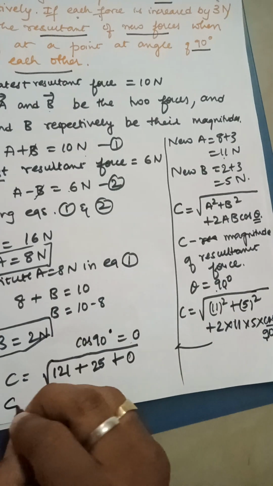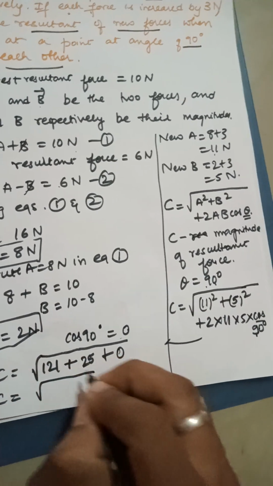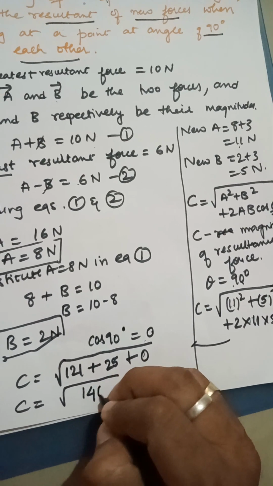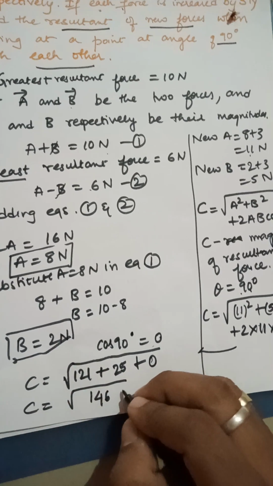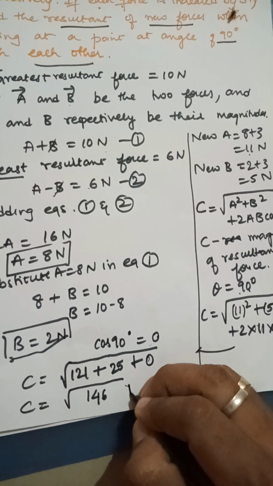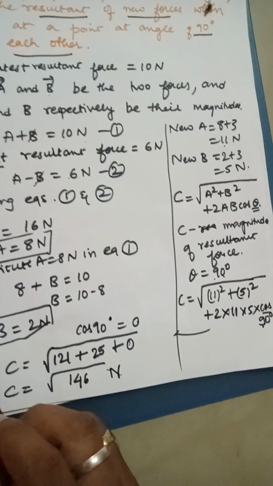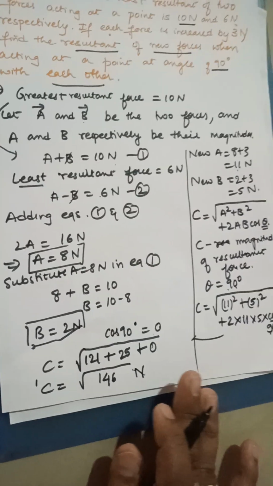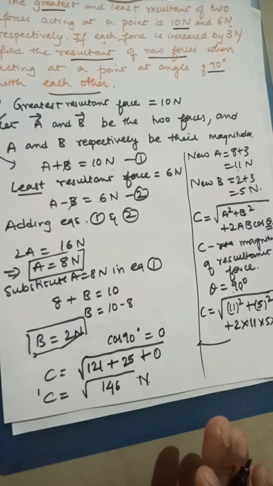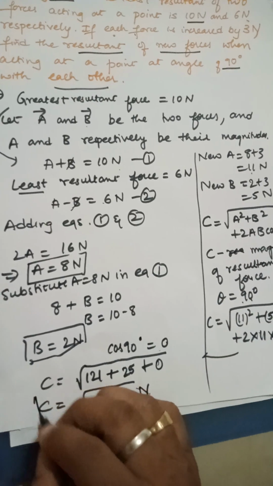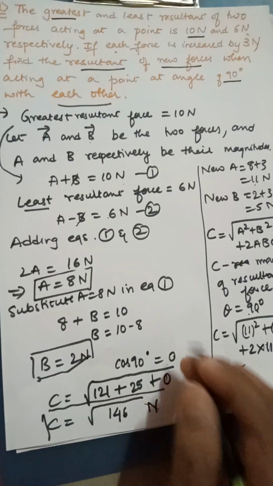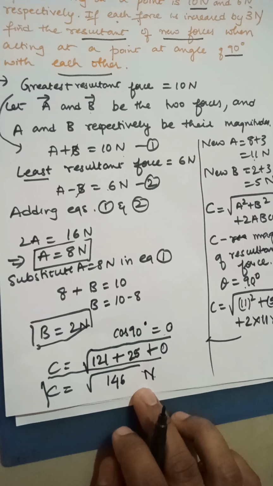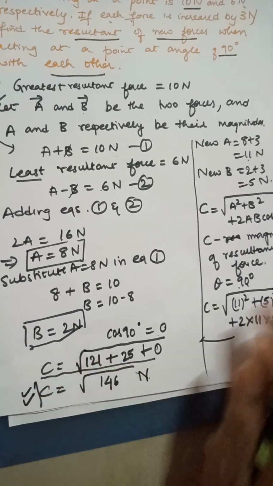So what will be the value of this? 121 plus 25 will be 146, and C represents a resultant force, so its SI unit will be Newton. So what is the magnitude of the resultant force? The magnitude of the resultant force is square root of 146 Newton. So this is the answer.